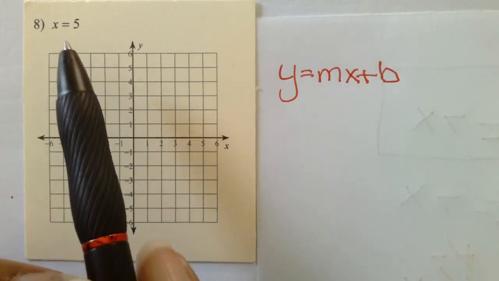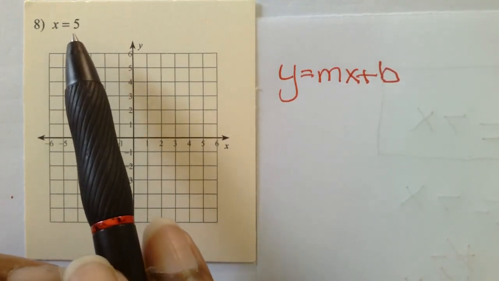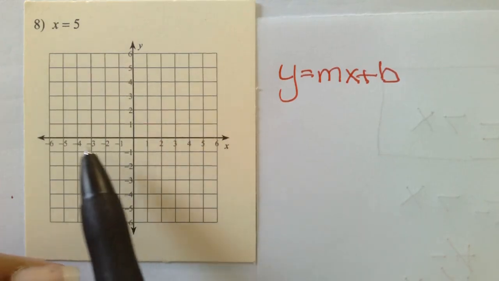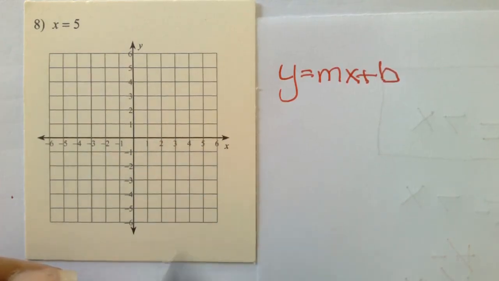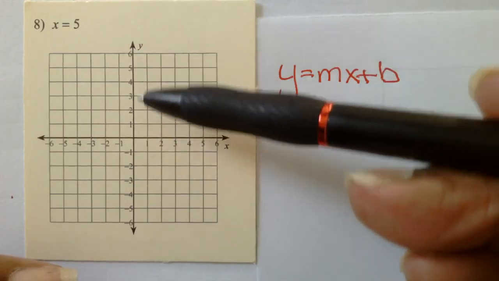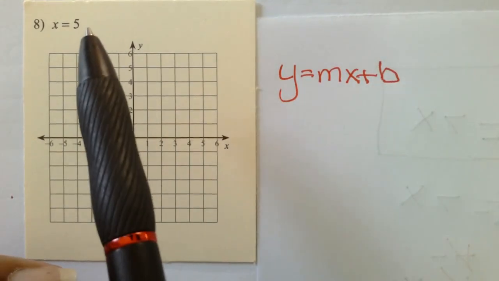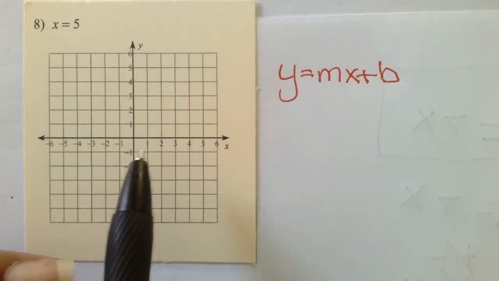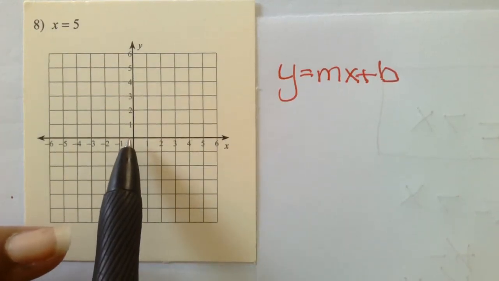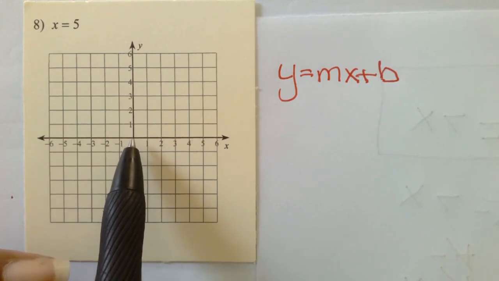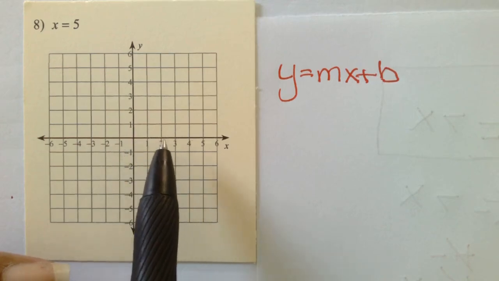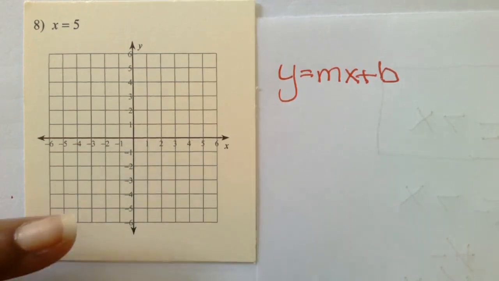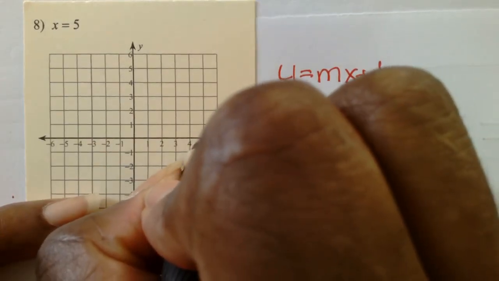The one thing that you need to know when it says x equals 5, my x values go left to right, my y values go up and down. So it's a positive 5. Here's my origin, that's the 0. This is my 0, 0. So if I'm looking at positive 5, that means I'm going to the right 5 units. And I have my point.